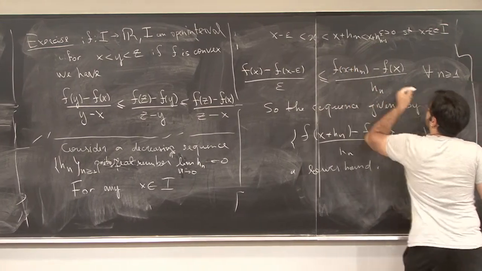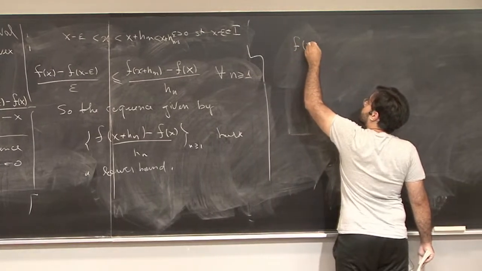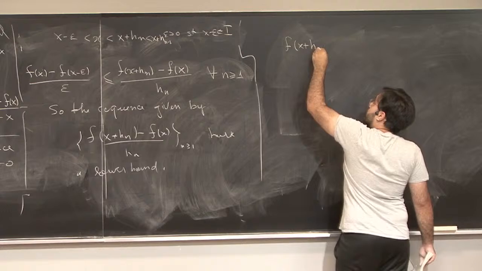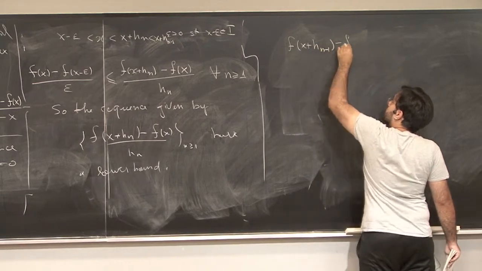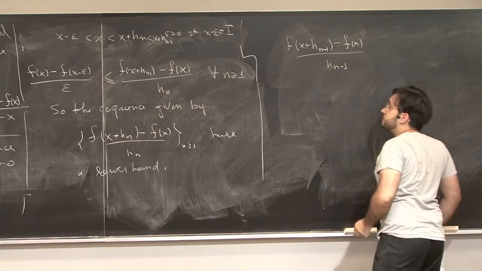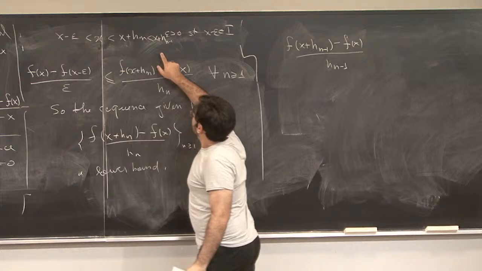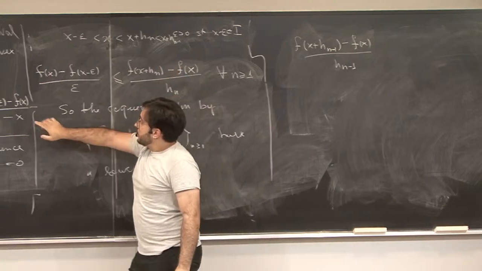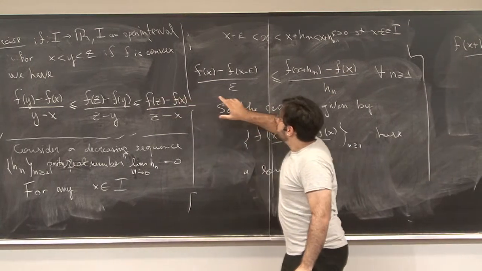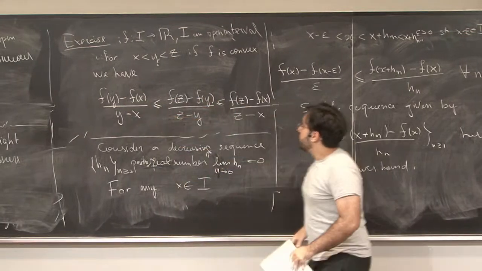This term right here, (f(x plus h_(n minus 1)) minus f(x)) over h_(n minus 1), is actually larger than this one right here.